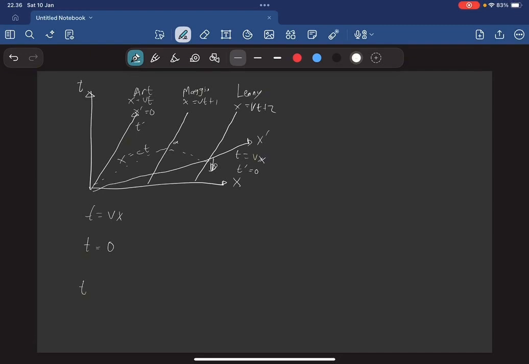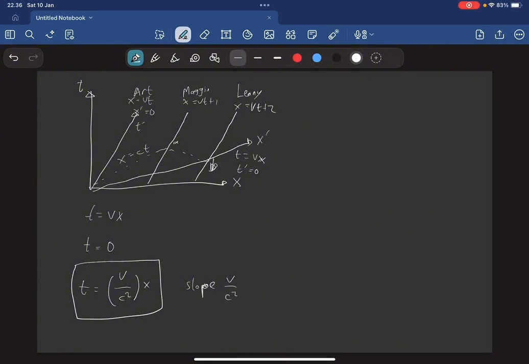So t equals v divided by c squared times x. The interesting thing about this equation is that it describes a straight line with an incredibly tiny slope, which is v divided by c squared.